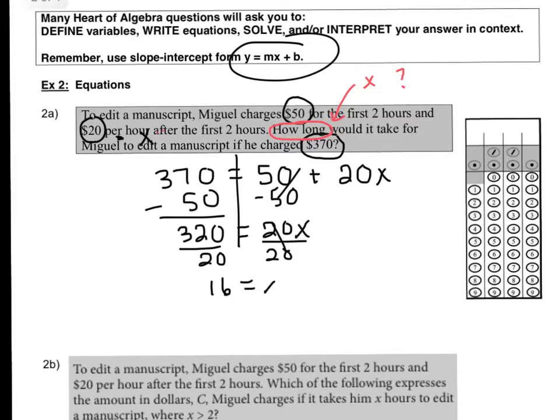Okay, let's make sure we're answering the question. This number right here, this x, is 16. The $50 took care of the cost of the first 2 hours. So he didn't work just for 16 hours, he worked 2 plus 16 hours, which is 18 hours. So in the box, we'll put 18, bubble in the 1, bubble in the 8, and that's all we have to bubble in.